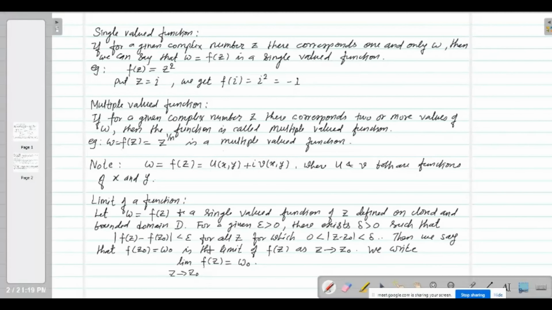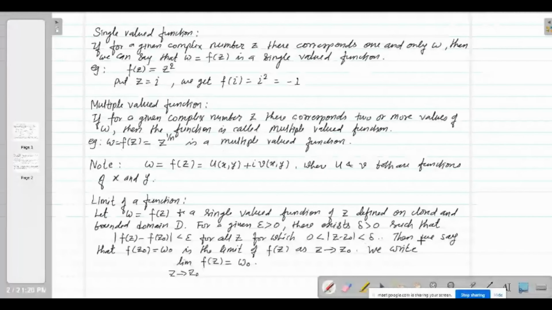And what is the actual definition? If you have the function f of z which is single valued, and that function must be defined in the closed and bounded region, say your region is D, then for a given positive epsilon there exists a delta, however small, such that modulus of f of z minus f of z naught is less than epsilon for all z for which 0 is less than modulus of z minus z naught, which is less than delta.